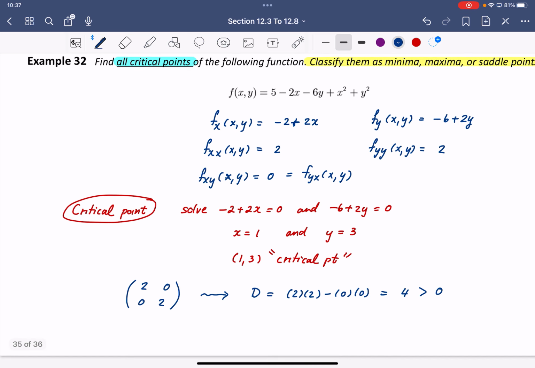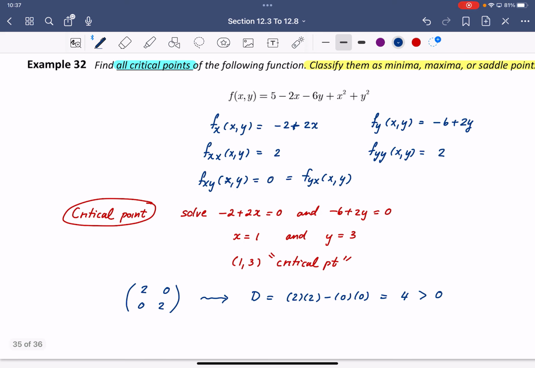So when you have D bigger than 0, it is going to be the case that you get a local max or min. But you observe that f_xx is actually 2, so this is bigger than 0. It means the critical point (1, 3) is actually a local minimum, right?